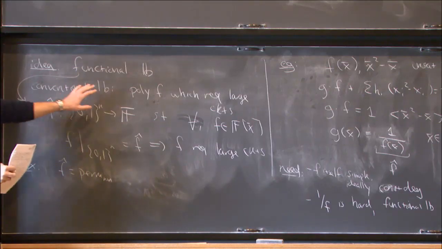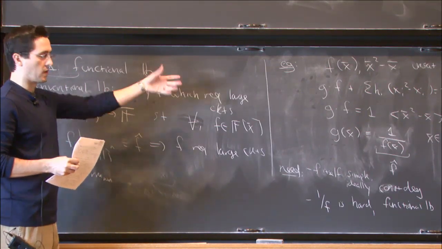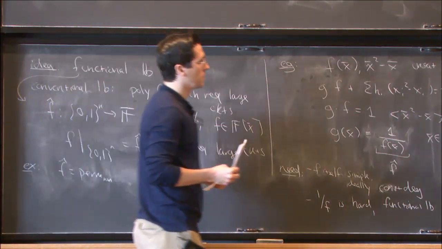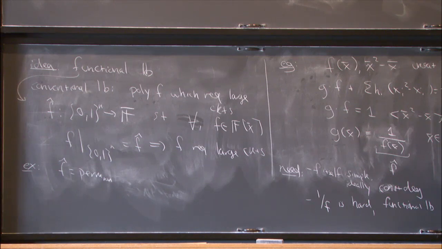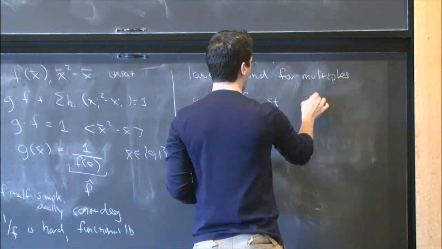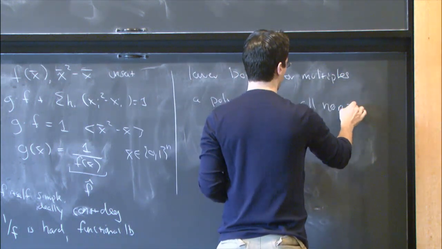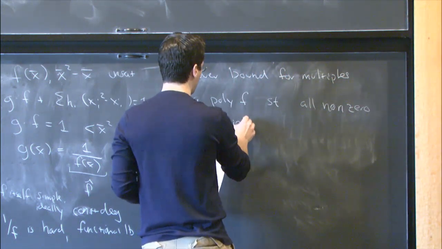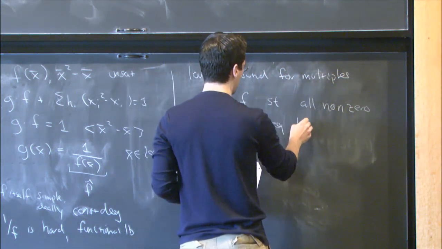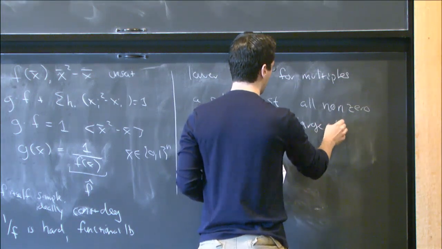The conventional lower bound is just a polynomial which requires large circuits. Well, now I want a polynomial f such that all non-zero multiples require large circuits. So what does that mean?